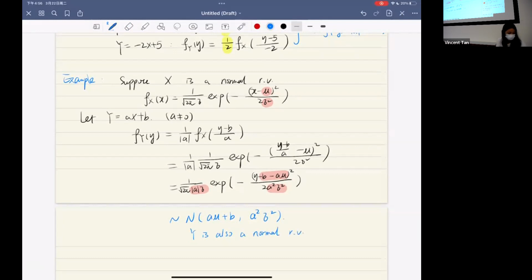This example tells us that when we do a linear transform of a Gaussian random variable, we still obtain a Gaussian random variable.